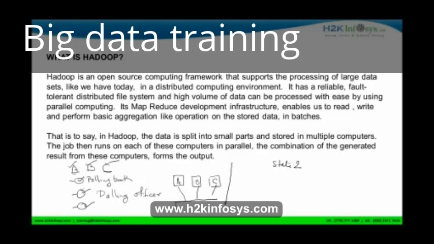And finally, they do the aggregation and find out the total amount of votes that candidate A, candidate B, and candidate C have got. And based on that, they decide who is going to be the head of the state. That's exactly how Hadoop works as well.